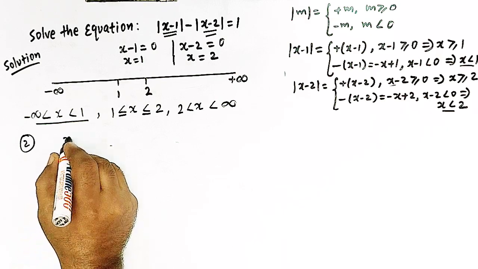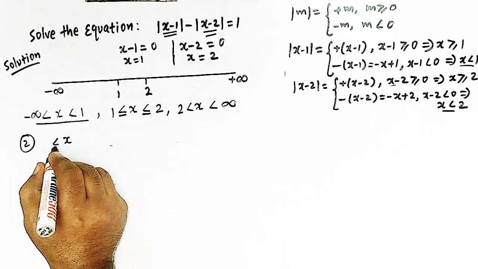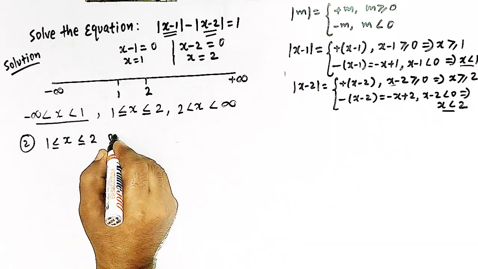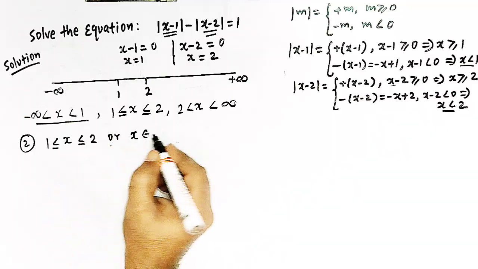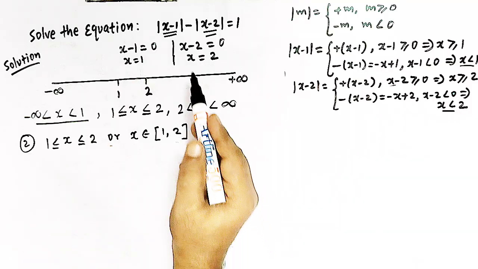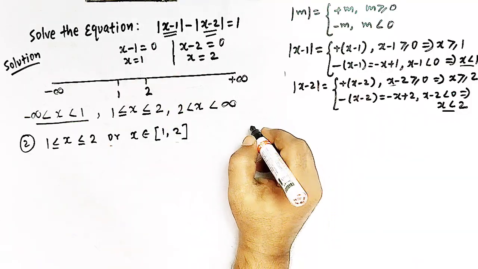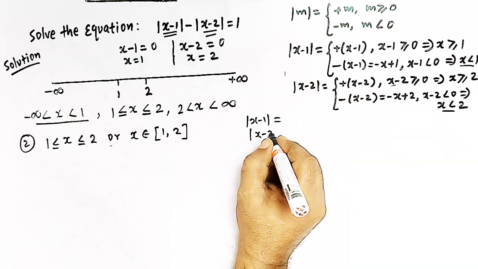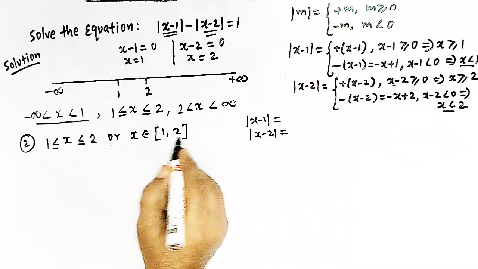So now let us consider x greater than or equal to 1, less than or equal to 2, or we can write x belonging to the interval 1 to 2. And now let us define mod of x minus 1 and mod of x minus 2 in this interval.